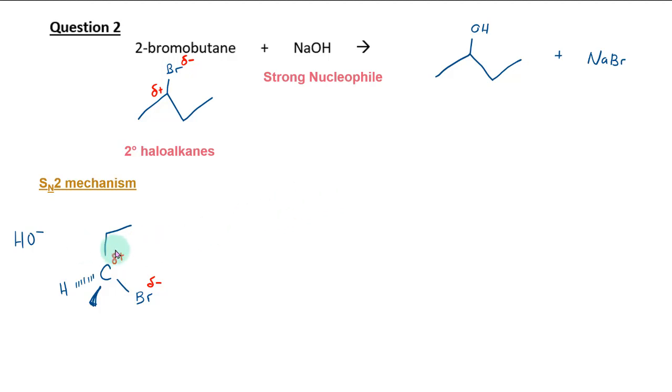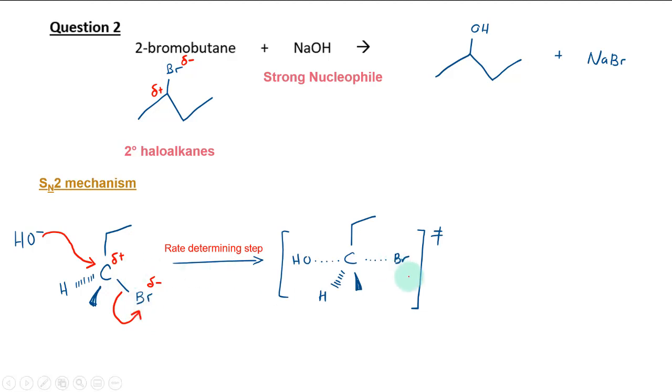Alright, so in your first step, which is your rate determining step, it involves both nucleophile and haloalkane. So remember that nucleophile will attack from the back for this SN2. So from your oxygen over here, attacking your electrophilic carbon, and then pushing away the bromine. So you are forming the transition state.